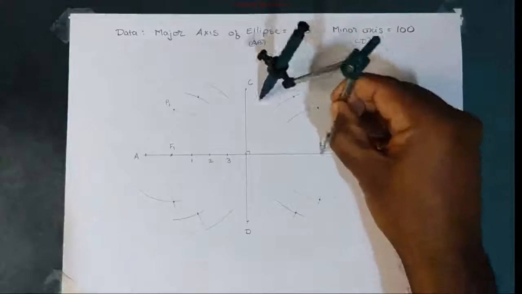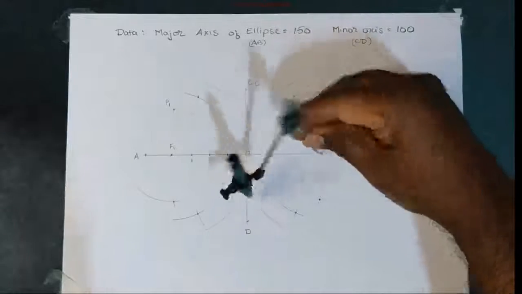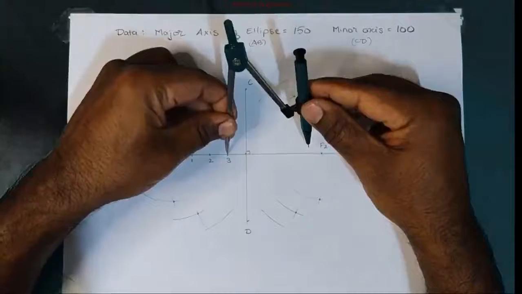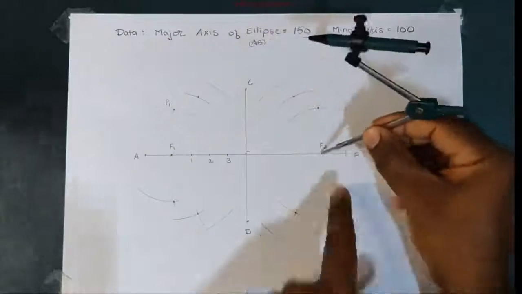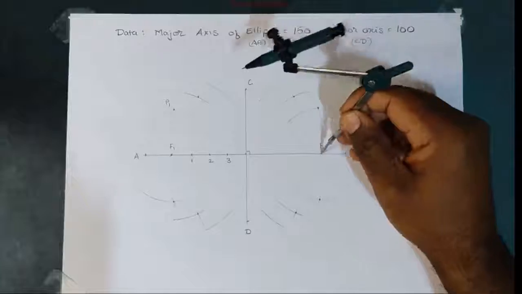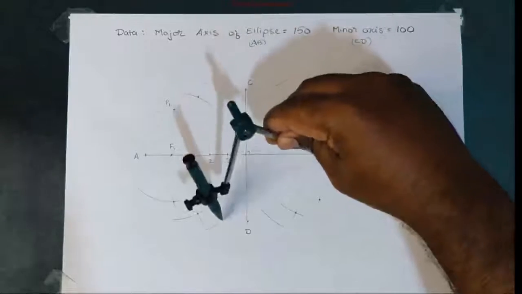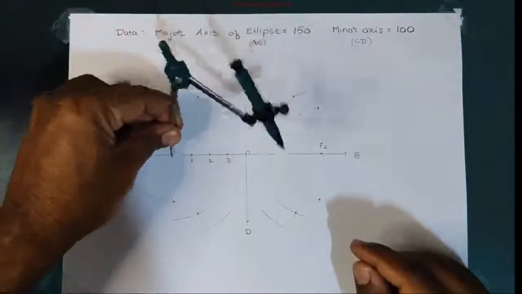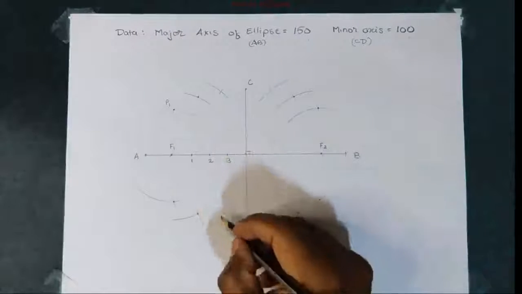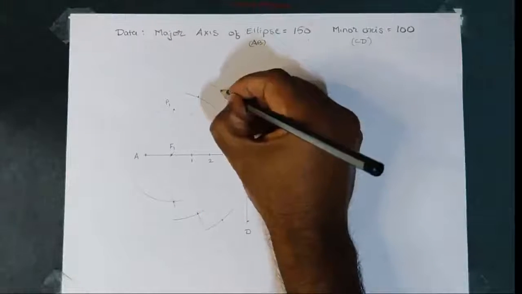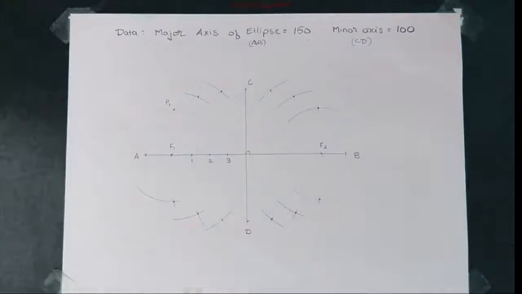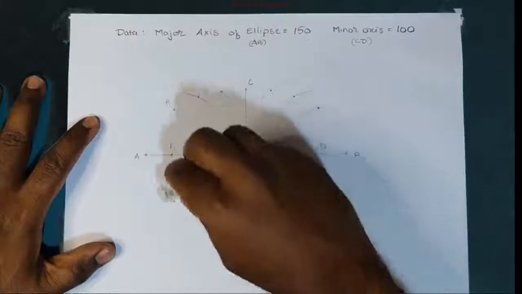Now with F2, I mark the arcs above and below. Now for the remaining distance 3 to B, I keep the compass on the focus and mark the arcs. Remember, arcs only through the foci. So I have got a total of 6 points which lie on the ellipse using the principle.